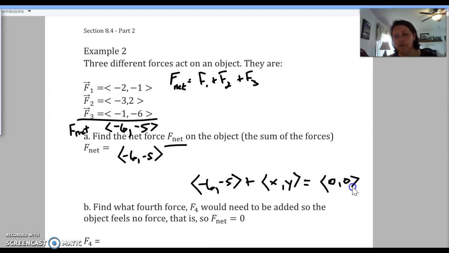That's what we call it. So feel no force at all. So what will happen here is we need to subtract this force from both sides. Since it's kind of hard to subtract forces, let's just multiply this by the scalar -1 and then add to both sides. So we end up with our fourth force being the vector 6, 5.